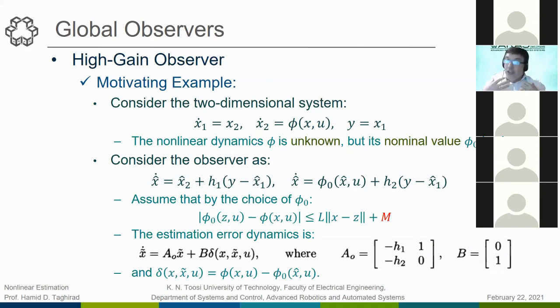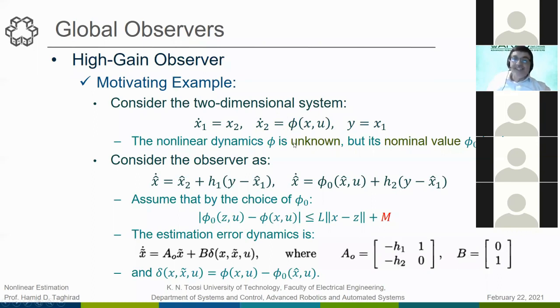some technical details. I should go. But in terms of this particular example, I hope that everybody can follow me. Now, if you look at here, consider the two-dimensional system, only two states. The first state is the derivative of the second, and the second term is phi, which is unknown.